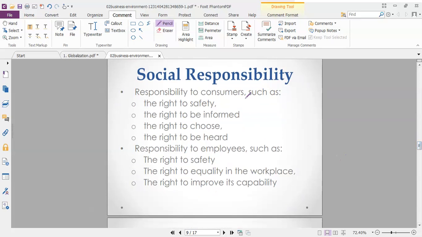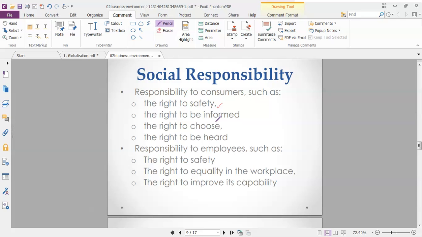Okay. Responsibility to consumer. As I mentioned before, the right to safety. For example, if you open up a food business, you need to confirm that the ingredients inside the food are safe to be consumed by humans.